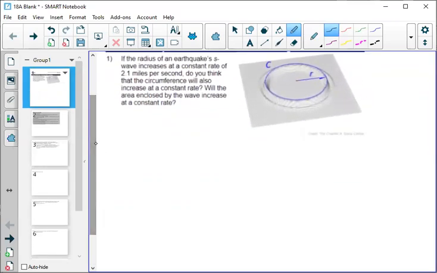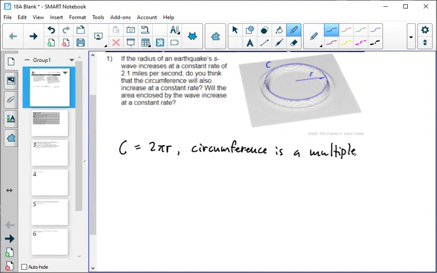Okay, so we could say something like, since the circumference C is equal to 2 pi r, the circumference is a multiple of radius.